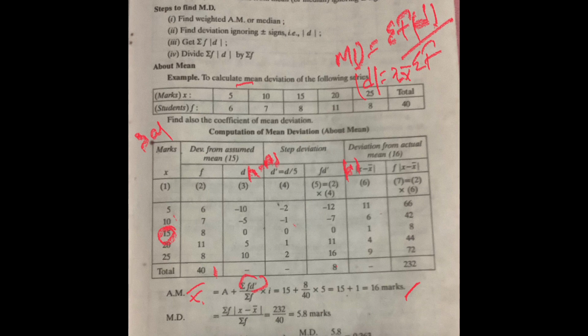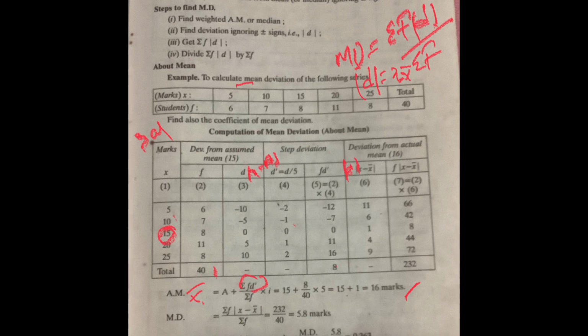Second is 10 minus 16, which is minus 6, ignoring the sign it is 6. Likewise you have to find all the values of d modulus. Then according to the formula, you again require summation of f d modulus, that is f and d modulus.